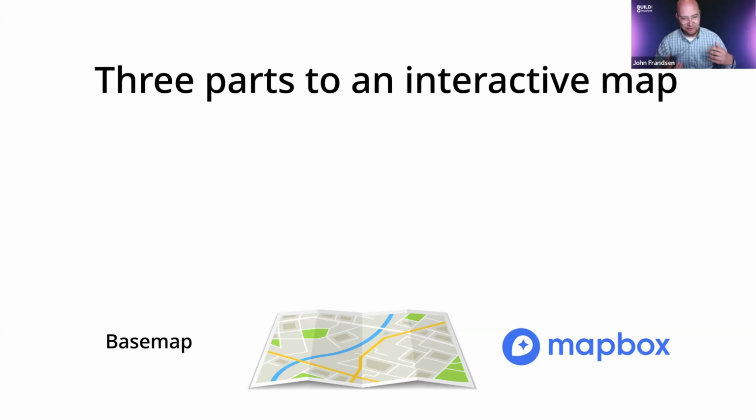But at its heart, Mapbox is a base map. And the reason why we need a base map for our interactive map is because we don't want to have to show where all the roads and streets and rivers and towns in the world are. That's a huge undertaking. And so an interactive map doesn't mean much unless you've got context. Context comes from your base map.